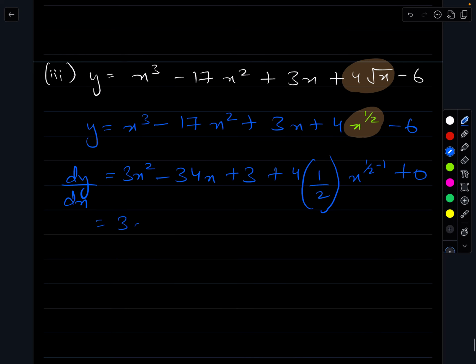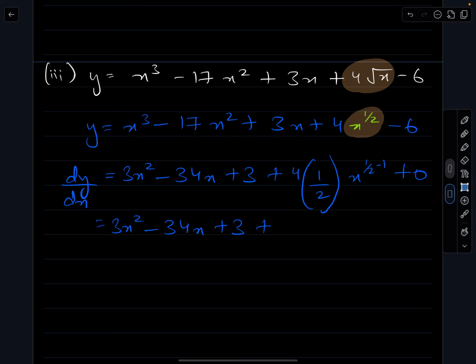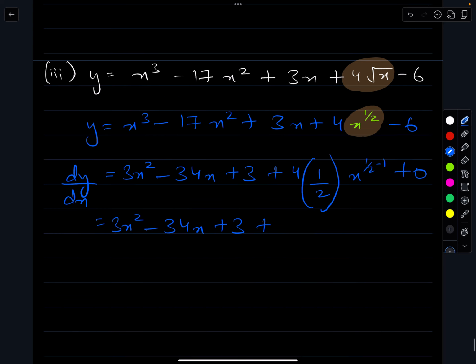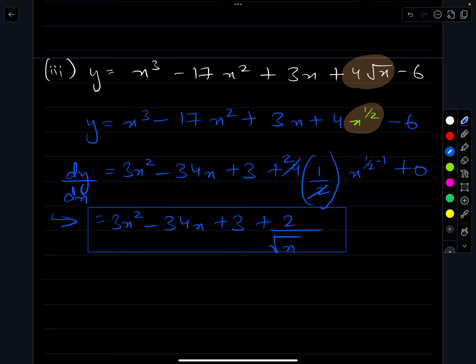Thus, I can simplify this to eventually be left with 2x power minus half. Minus half goes to the denominator and becomes a plus half, and I can rewrite this as this. Thus, this is my final derivative or answer.